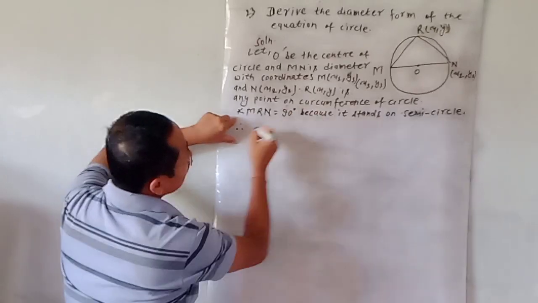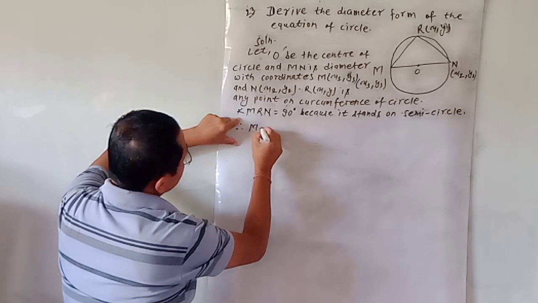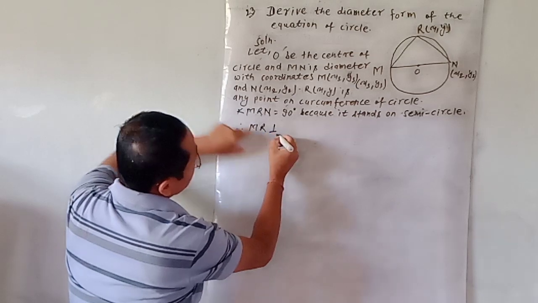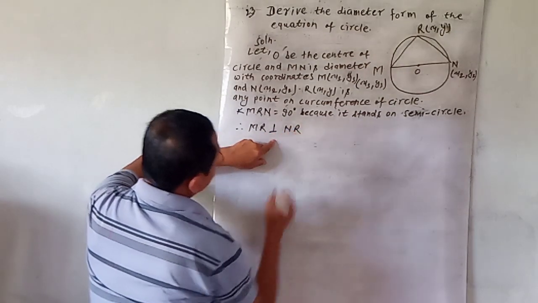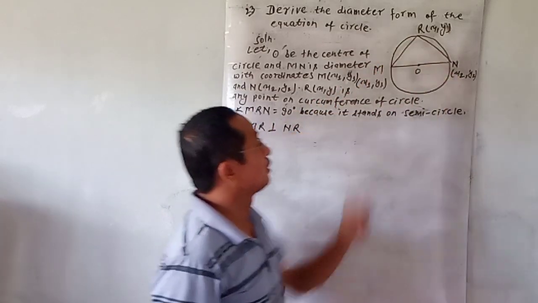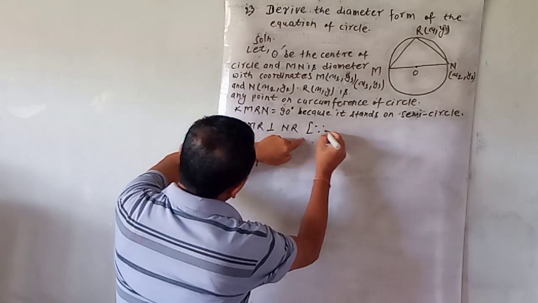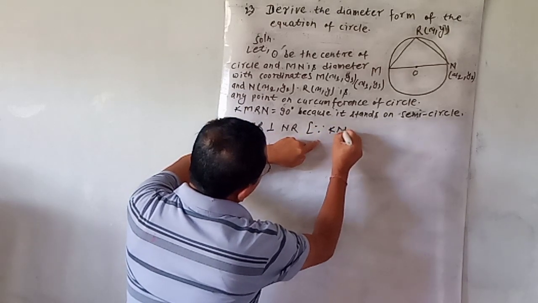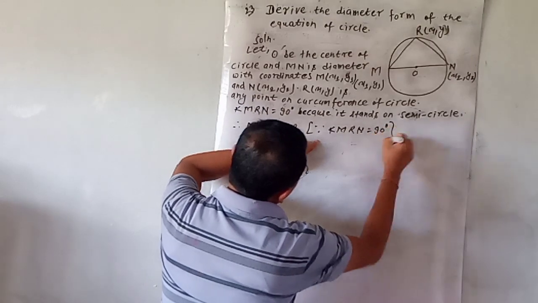Therefore, MR is perpendicular to NR, since angle MRN is equal to 90 degrees.